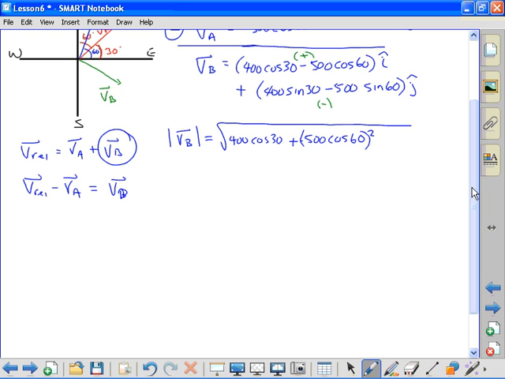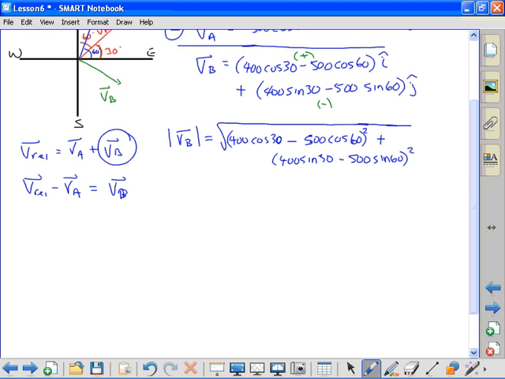Oops, lost control here a little bit. Clean that up. So it's the square root of 400 cos 30 minus the 500 cos 60, that's my x component, squared, plus, and I'll put the other one underneath here because I'm running out of room, 400 sine 30 minus 500 sine 60 squared.